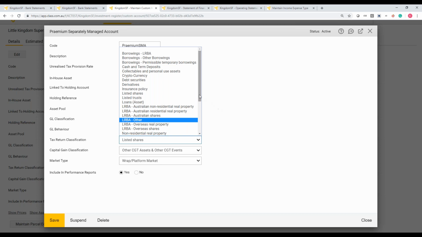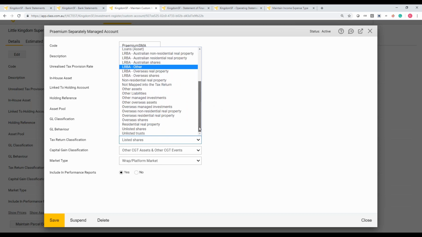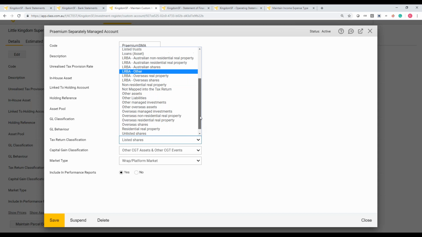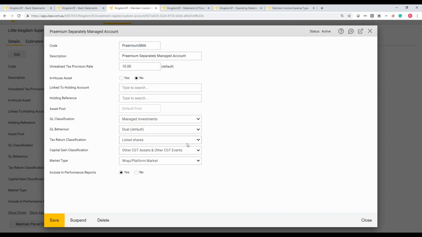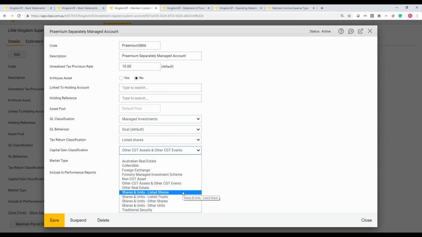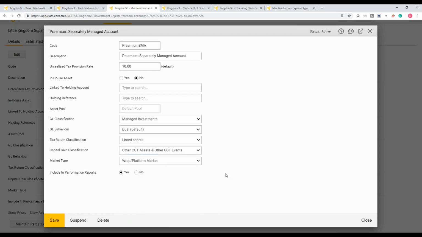If the majority is managed funds, you can select unlisted trusts. And you can also use other managed investments. So in this case, we keep as listed shares. And the capital gain classification, again, share units should be sufficient. Share units, listed shares, or other CGT assets or CGT events. So the market type should be platform wrap and platform account. So once you're happy, you save that.